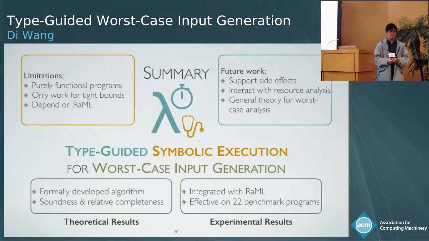Basically, we compare the quick sort as well as the hash table example, and the result is that we can generate the truly worst case inputs very quickly, while their method needs to run a fair amount of time and cannot guarantee that it's the truly worst case one.